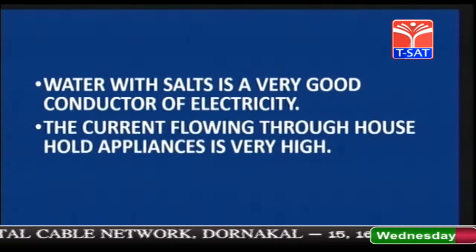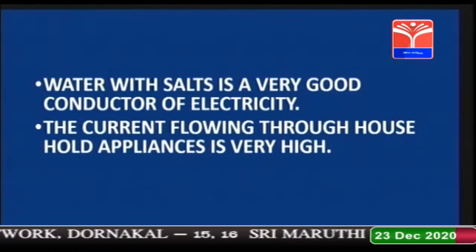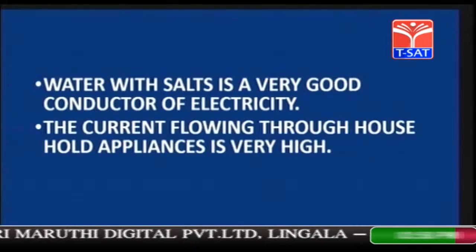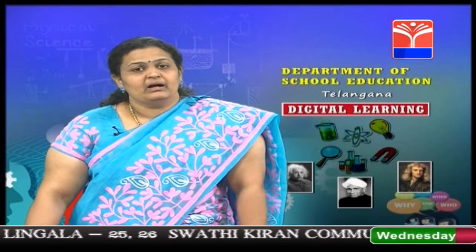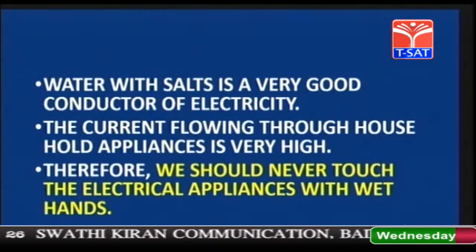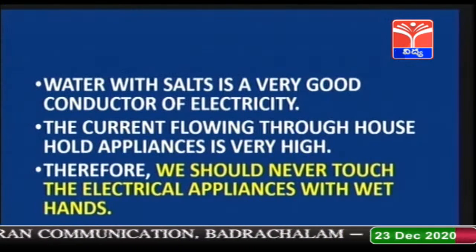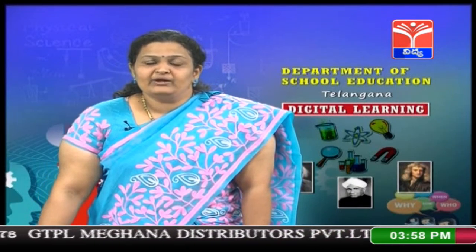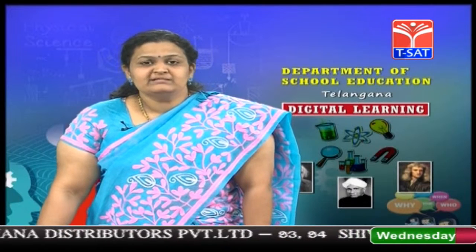Okay, children? The amount of current flowing through household appliances is very high. Therefore, we should never touch electrical appliances with wet hands. Remember, children, if you have to work with electrical appliances, always wear rubber gloves or rubber slippers.